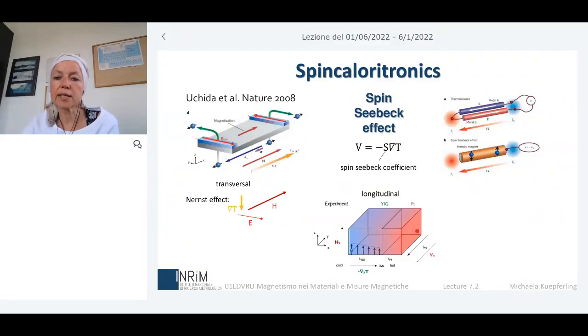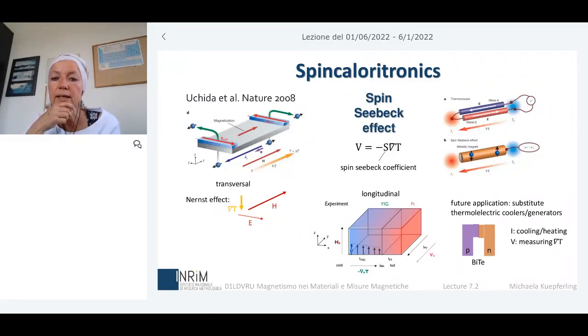And so one passed then to a different kind of structure, this longitudinal structure here, where the gradient is applied across, perpendicular to the structure. In this way, you find the correct spin Seebeck effect.